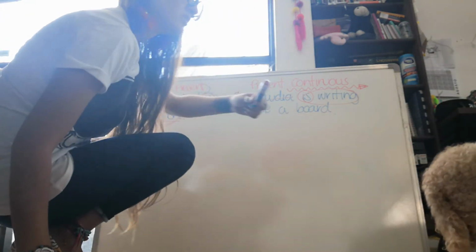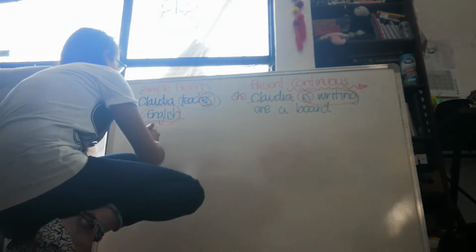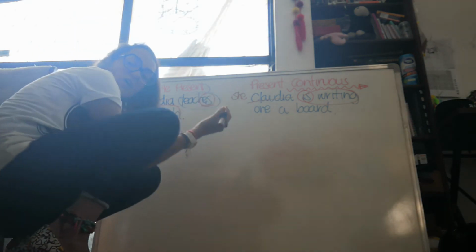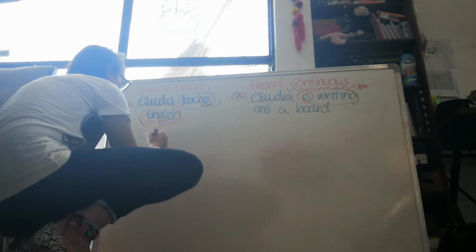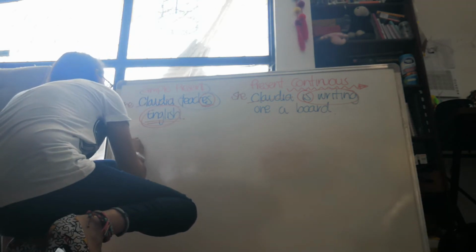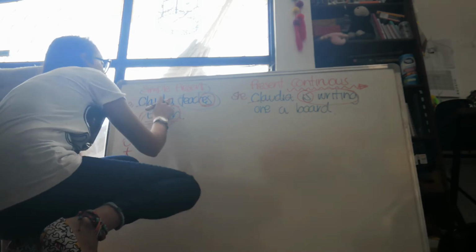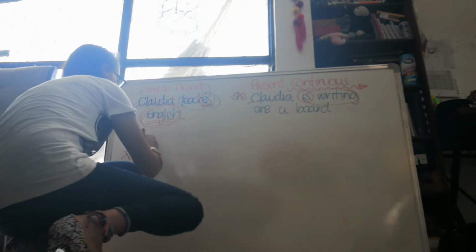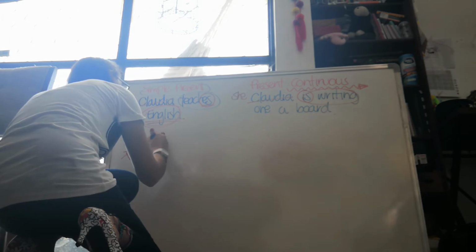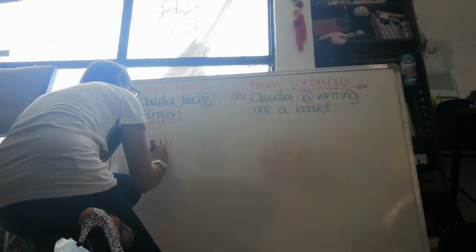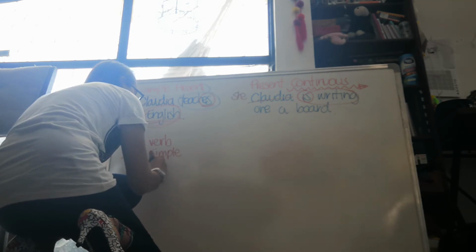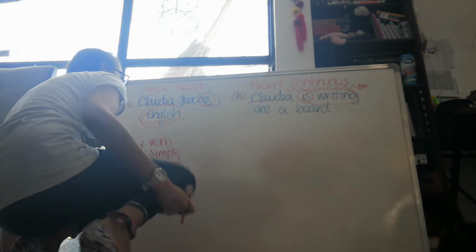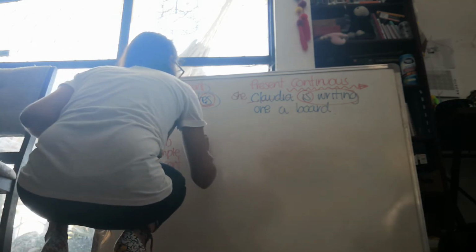Sorry. We start with a subject, which is Claudia, or it could be I, you, he, she, it, we, they. So we start with a subject, then we have the verb in simple present, and then we have the complement.